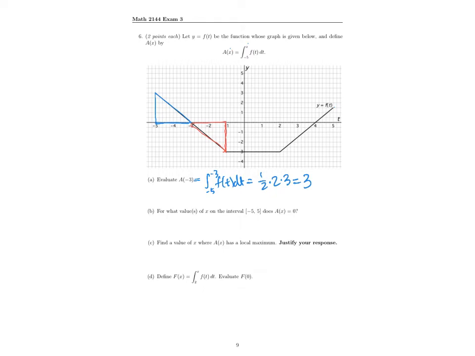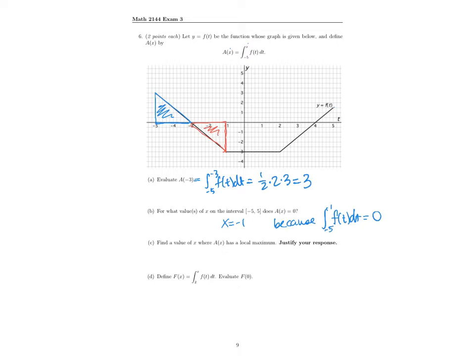So the answer here is x equals -1, because the integral from -5 to -1 of f of t dt is equal to 0. But then as x goes on, it continues to collect negative area, and there's never a point where it equals out the same amount of positive and negative area. So that's the only one.